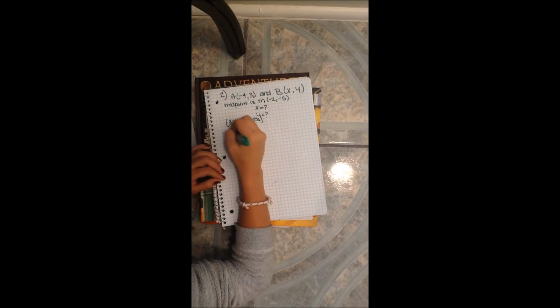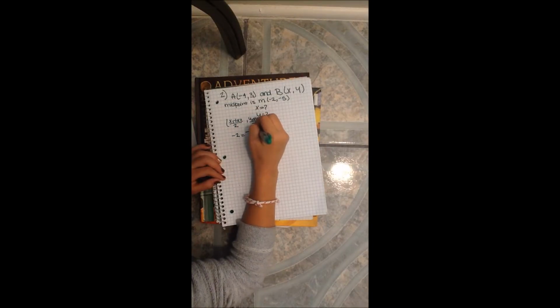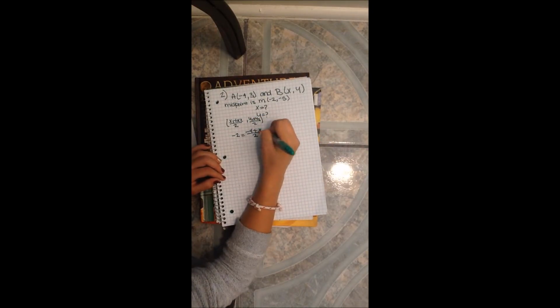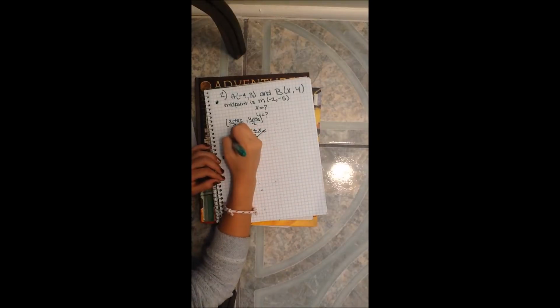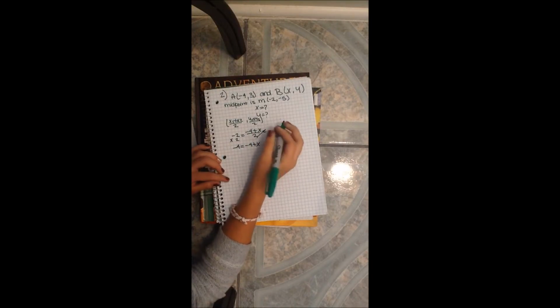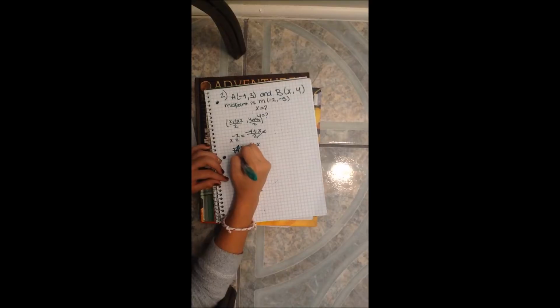Negative 2 equals negative 4 plus x over 2. You have to get rid of 2, so multiply times 2. Negative 4 equals negative 4 plus x. Then isolate x by adding 4 to both sides, so 0 equals x.